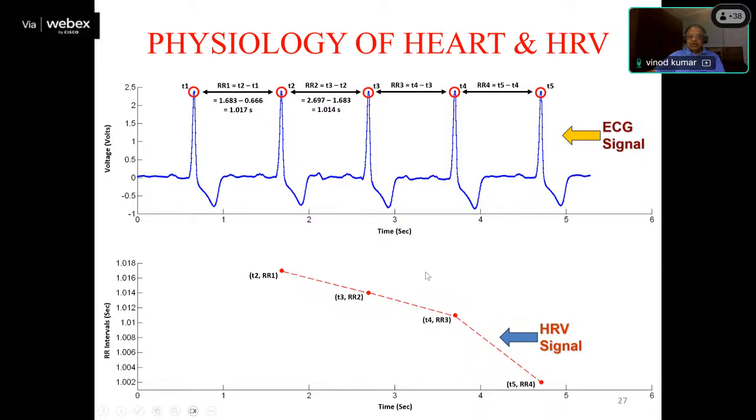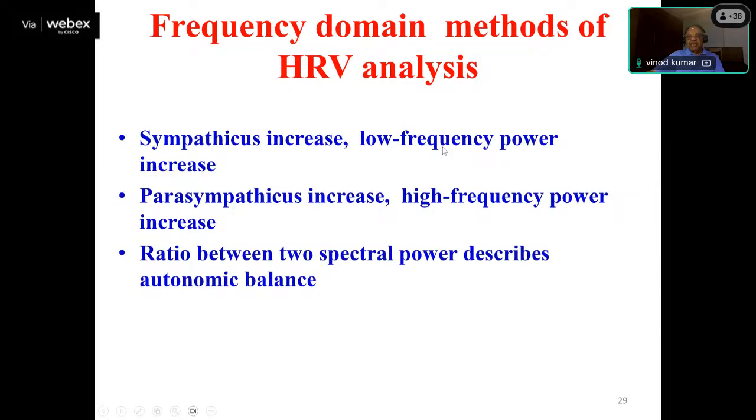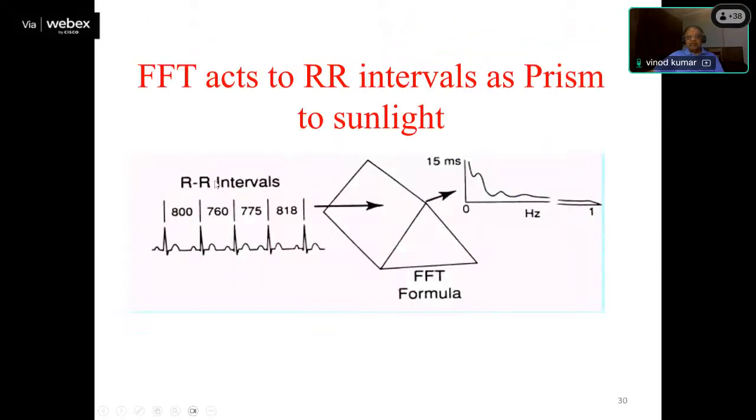So in frequency domain, low frequency power increases with sympathetic increase, high frequency power increases with parasympathetic increase, and the ratio between the two spectral powers describes autonomic balance. Like if you give the RR interval time series, it is like giving white light to a prism: the output becomes 7 colors.